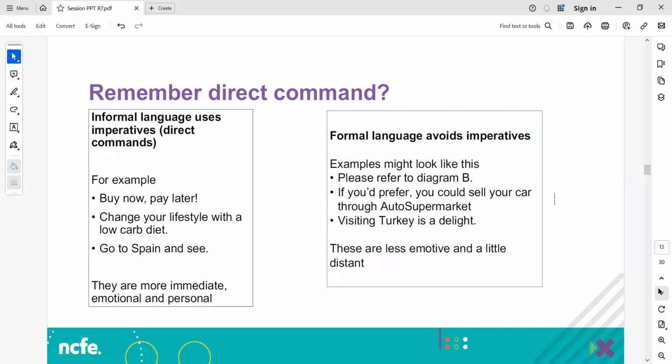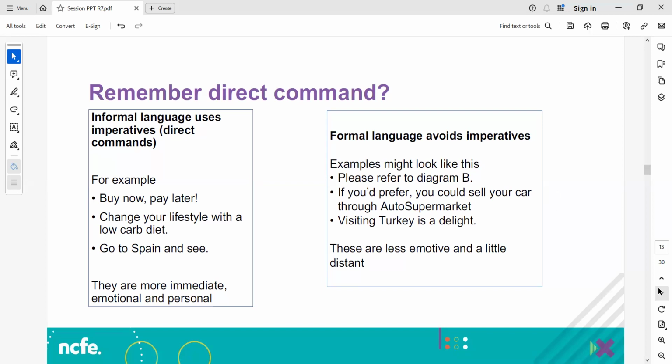So it's often used in advertising because obviously the point of advertising is for people to act on that and go and buy a product. So formal language avoids imperatives.